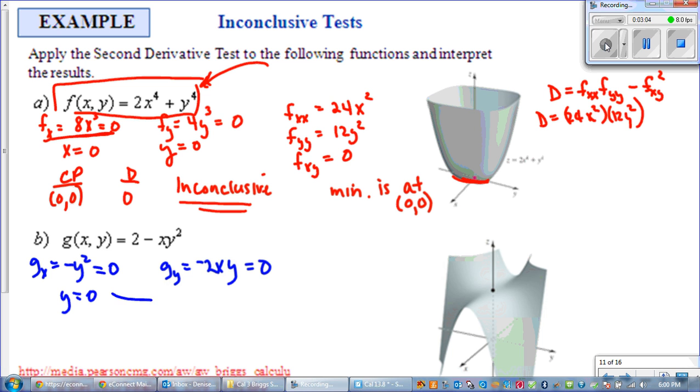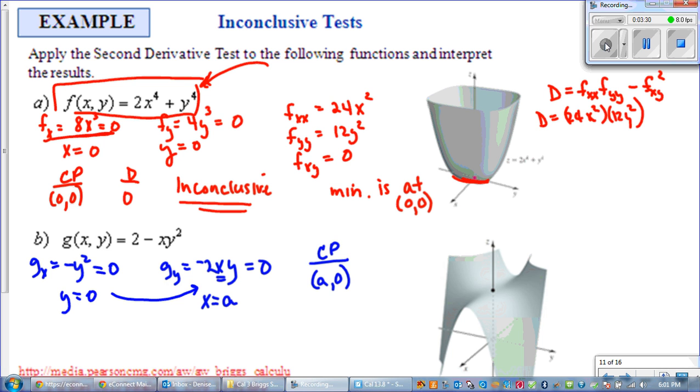But looking at the second equation, if the y has to be 0, the x here could actually be anything. So everything that satisfies this equation can have any x value. So x equal to any number, but the y is 0. So we'd be looking at critical points of the form (a, 0).